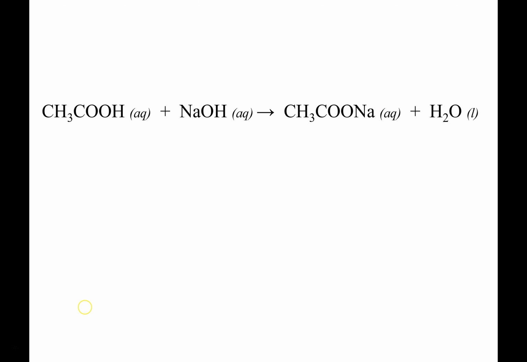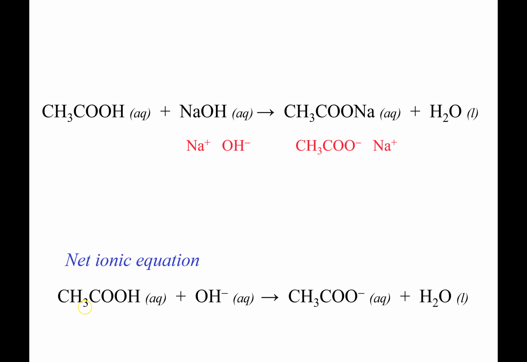Acetic acid and sodium hydroxide. And we're going to see where we do have some different sorts of chemistries going on with this sort of acid-base reaction. What gets removed from the net ionic equation is the sodium cation, that's it.